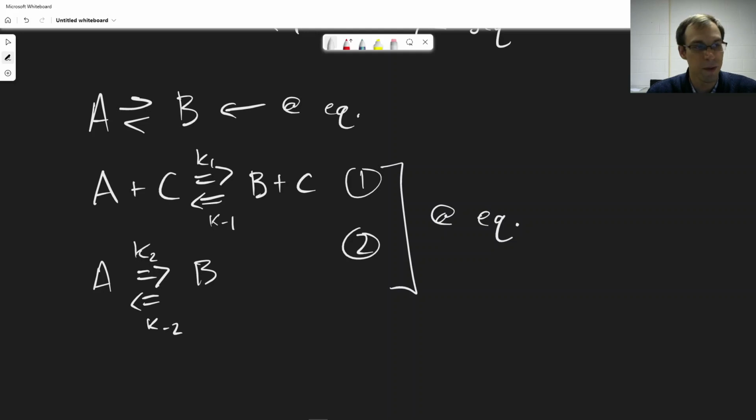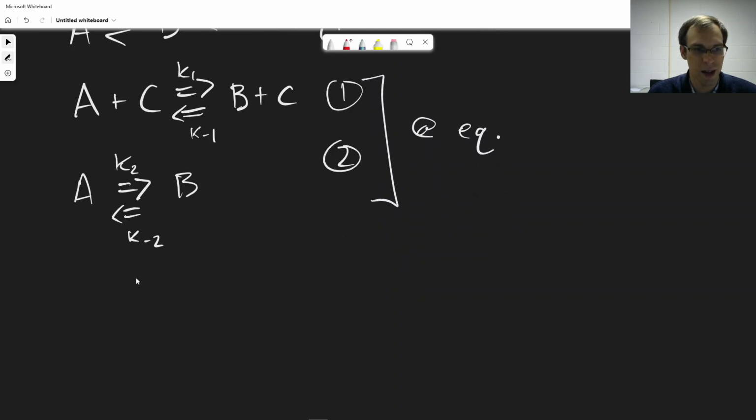If the forward and reverse rates of our elementary steps that make up the mechanism are not at equilibrium, that means the overall reaction can't be at equilibrium. So if we reach equilibrium, we can say that all the steps have to be at equilibrium as well. And so we can derive relationships between K1 and K minus 1 and the equilibrium constant.